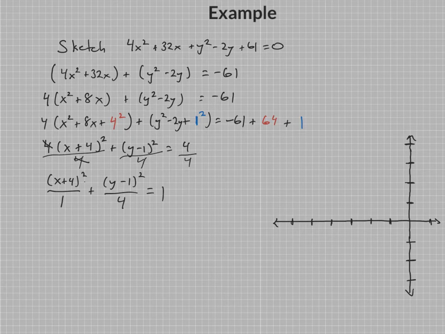Now, from this, I can say that my center point is at negative 4, 1. Because the larger denominator is under the y, I have a vertical major axis.